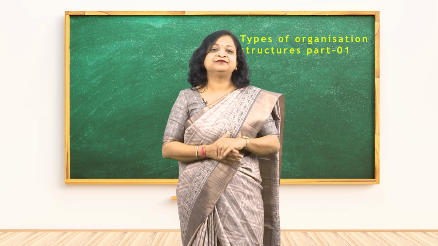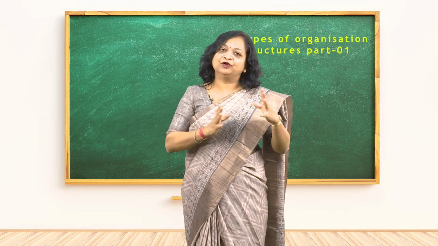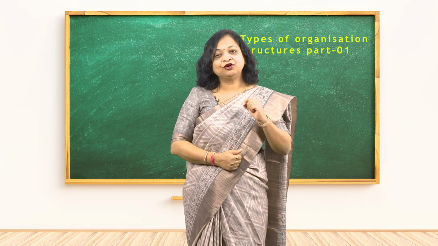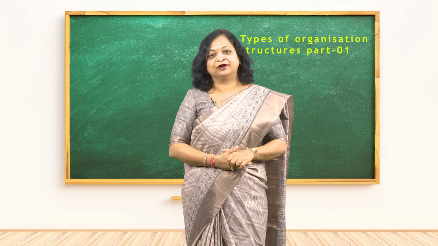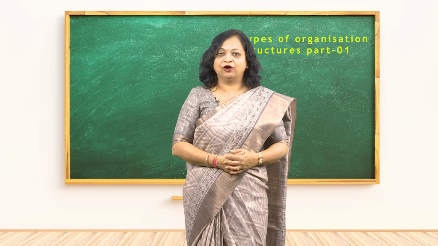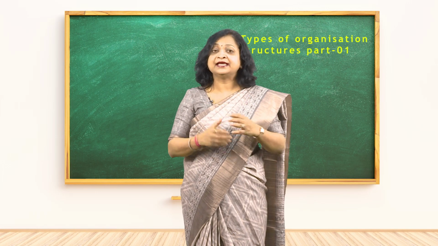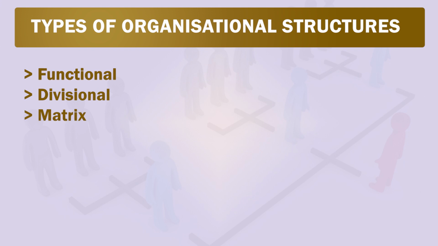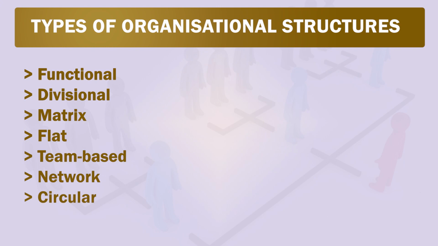So, an effective structure can enhance collaboration, it can drive innovation and ensure that all the parts of the organization work harmoniously towards the common goals. This exploration of organizational structures will cover various types that include functional, divisional, matrix, flat, team-based, network and circular.